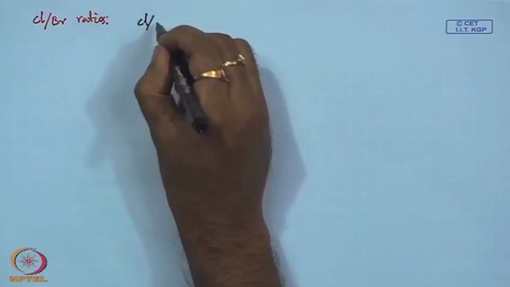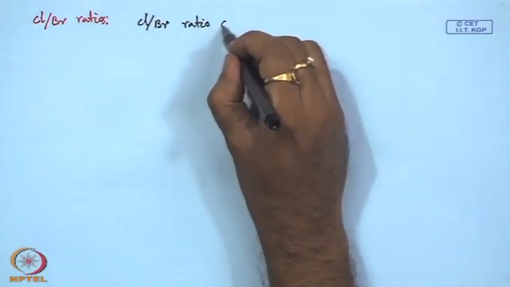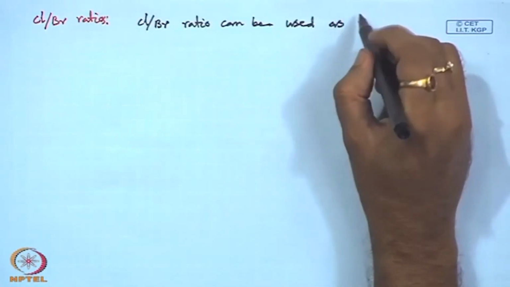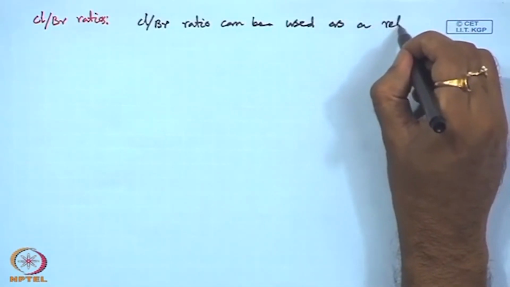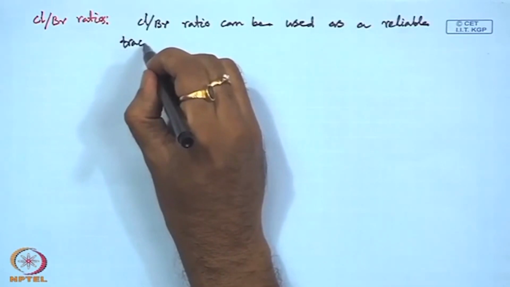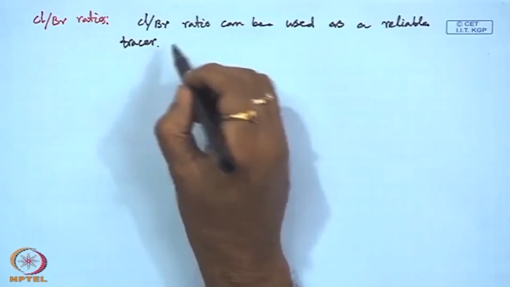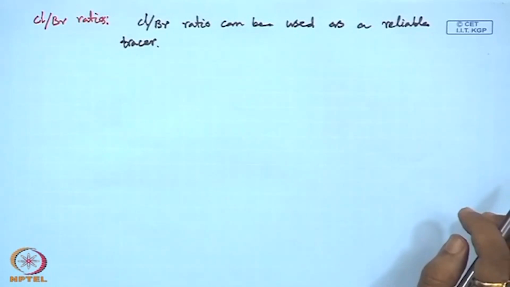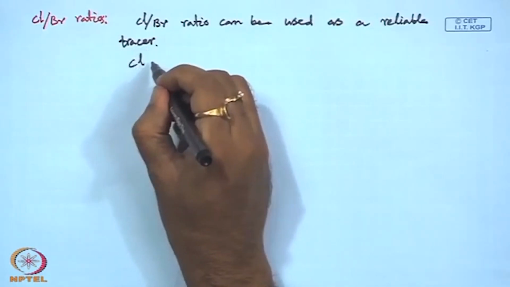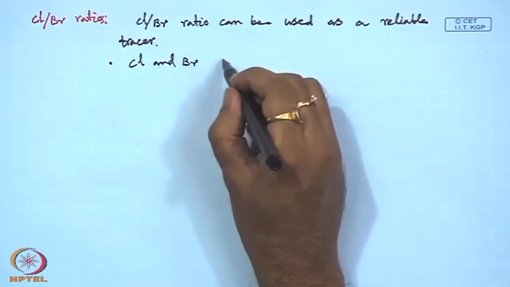The Cl to Br ratio can be used as a reliable tracer, because both Cl and Br usually behave conservatively.